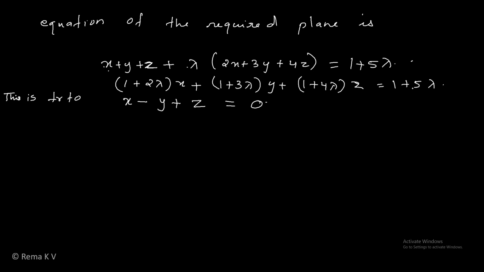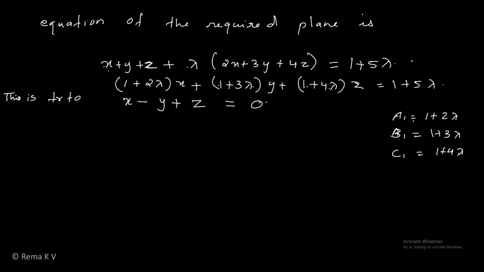Direction ratios of this plane? Direction ratios are 1 plus 2 lambda, 1 plus 3 lambda and 1 plus 4 lambda. That is A1 is equal to 1 plus 2 lambda, then B1 is equal to 1 plus 3 lambda and C1 is equal to 1 plus 4 lambda.